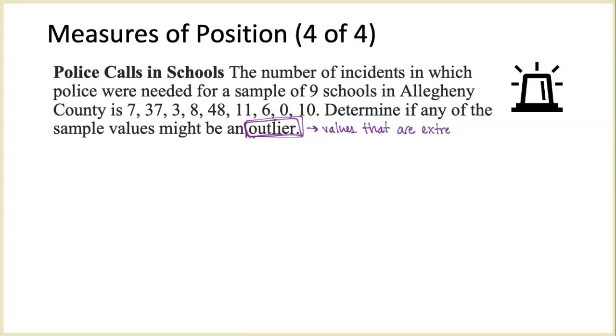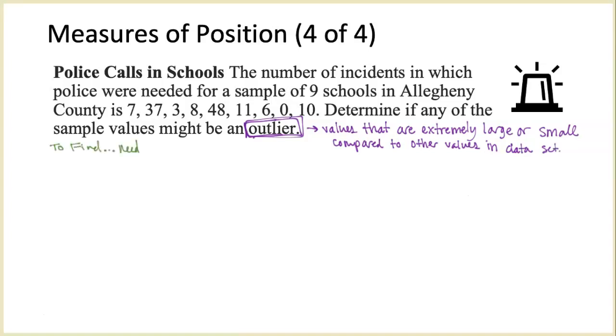We think about these numbers representing a sample of police calls or police incidents, and if they were wanting to summarize the data, like we talked about with the measures of center, with mean, median, and mode, an outlier might affect those measures of center. If a number is extremely large, it might make the mean seem higher than it should be.